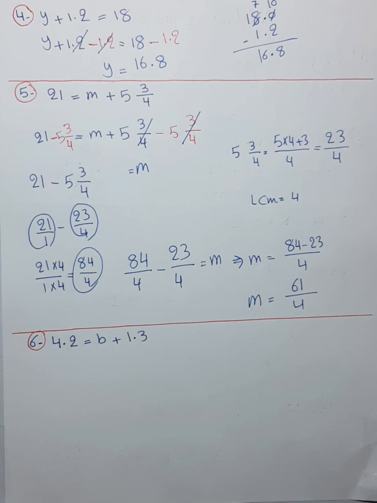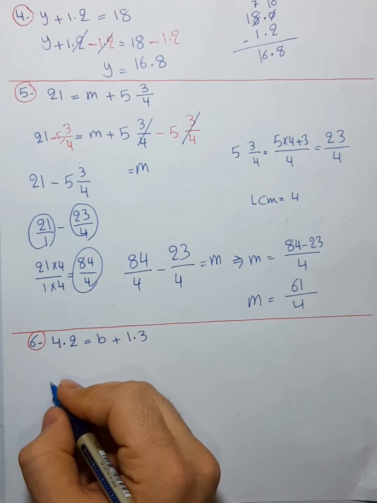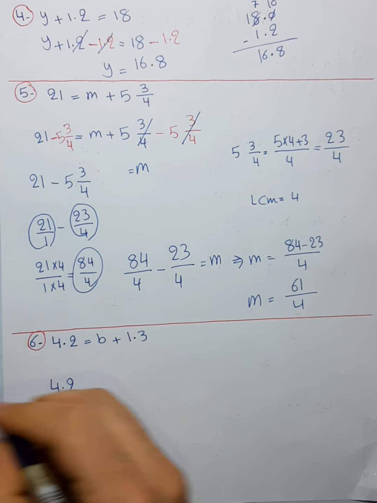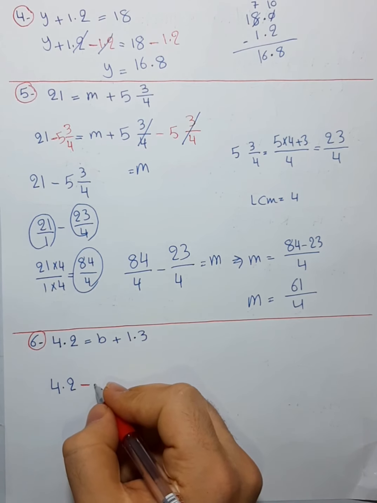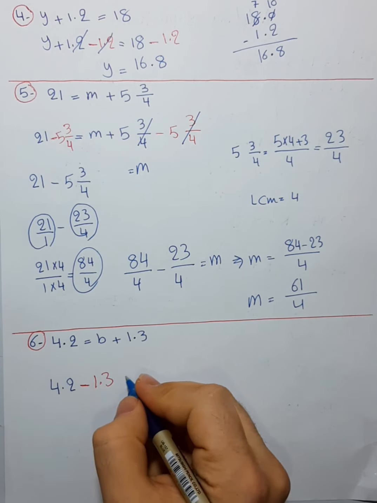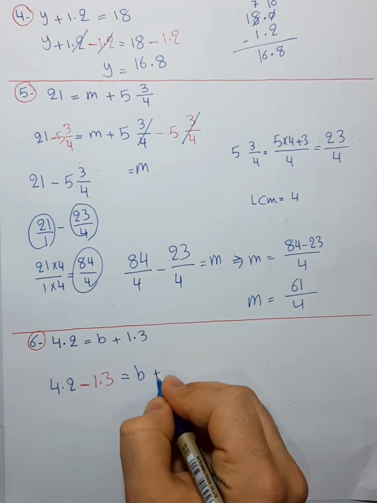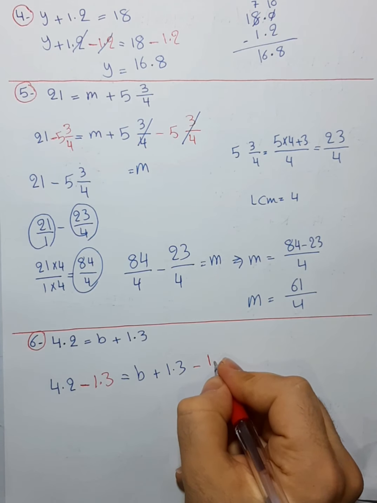Example number 6, we have 4.2 equal to b plus 1.3. We have to take the inverse of 1.3. So 4.2, for both sides, take the inverse of 1.3, minus 1.3, equal to b plus 1.3 minus 1.3.